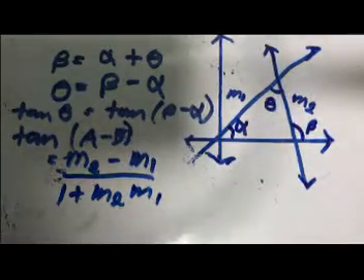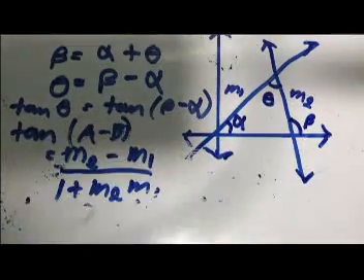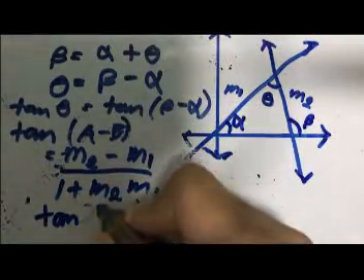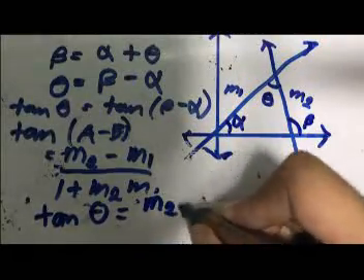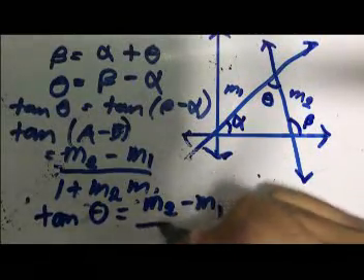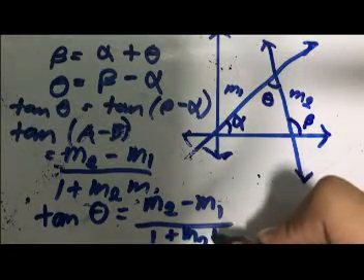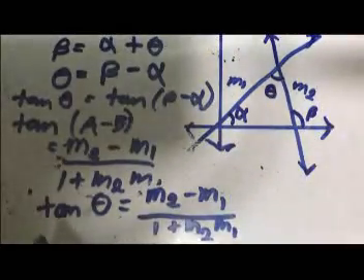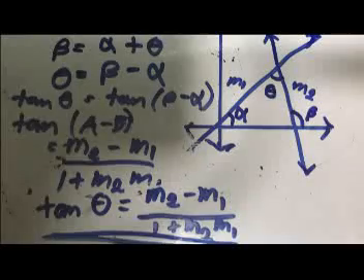Since tangent of beta minus alpha is also equal to tangent theta, now we can say that tangent theta is equal to m sub 2 minus m sub 1 over 1 plus m sub 2 times m sub 1. So now we found the formula for the angle between two lines.